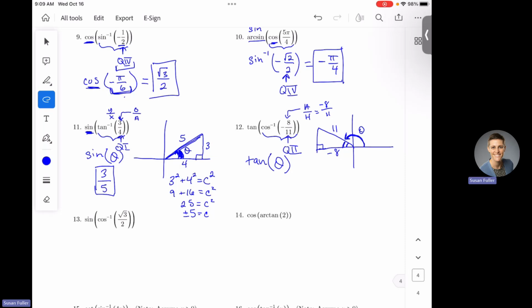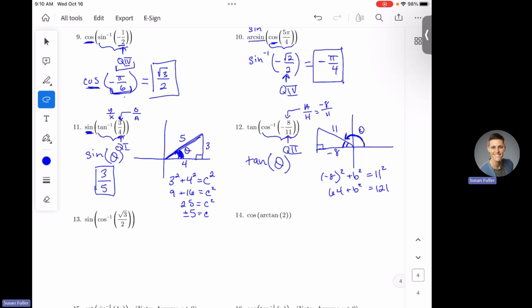Okay, so I know that tangent is going to be opposite over adjacent, so I'm going to use my lovely triangle here to finish it, but I don't have the opposite side. So we're going to find it with the Pythagorean theorem. I'm going to do negative 8 squared plus my opposite side squared is going to be my hypotenuse squared. So 64 plus b squared is going to be 121.